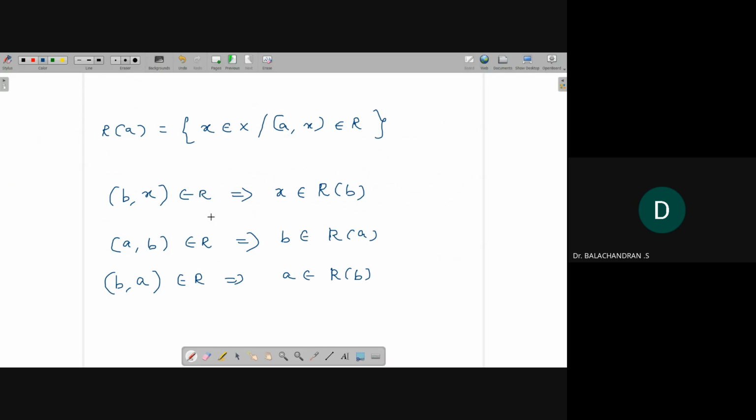Reflexive means (A, A) is in R. So, the second element A, with the first element also A, from this definition, the second element A is an element of R of the first element. That's why A is an element of R of A. So this implies R of A is non-empty. At least you have one element.